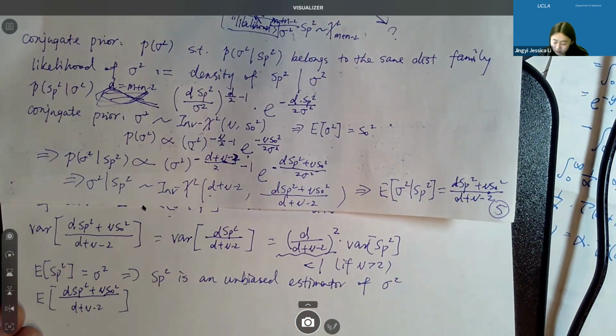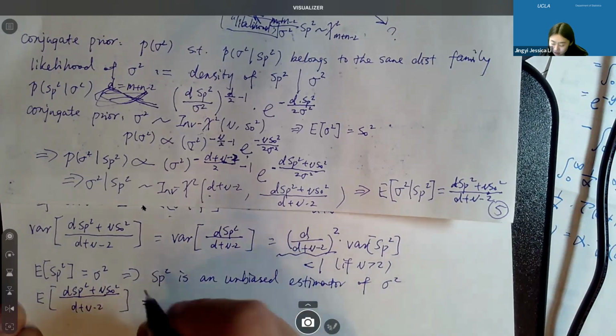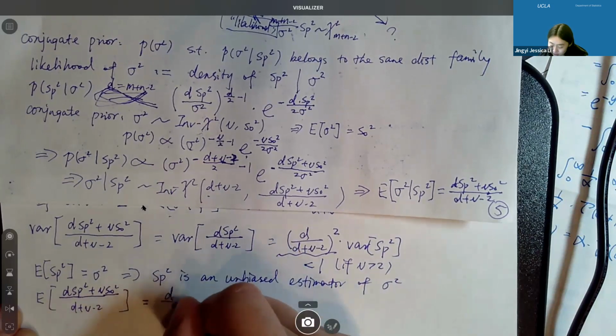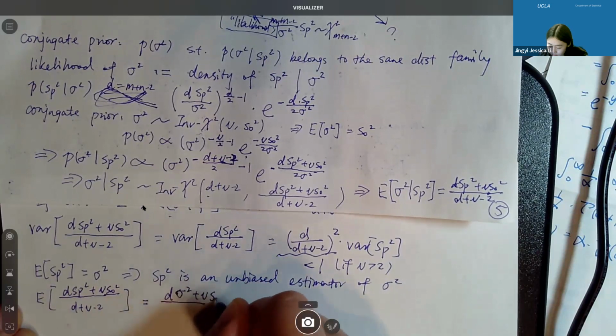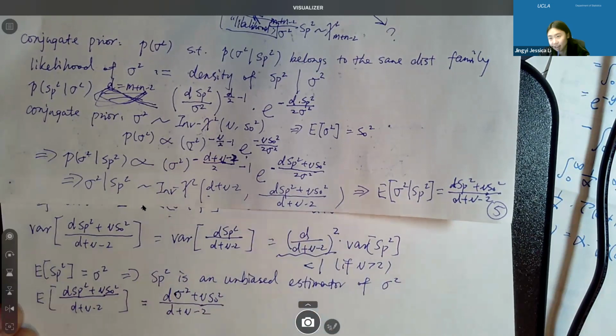Then clearly S_p squared is the only random variable in this consideration. Then we should be able to write it just as sigma squared plus v s0 squared, over d plus v minus 2, right?